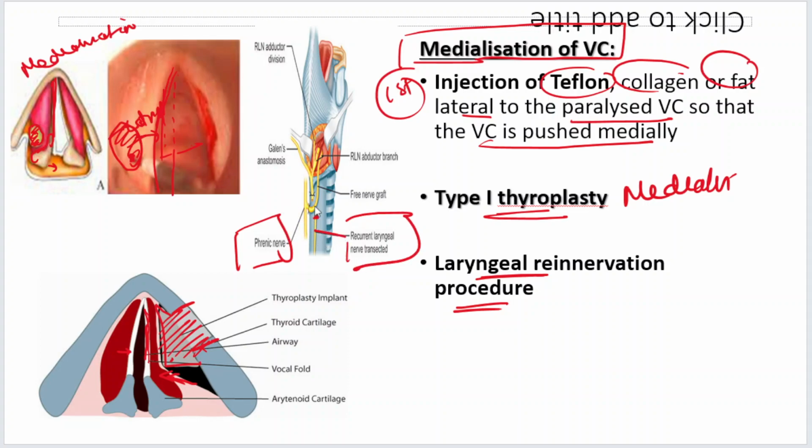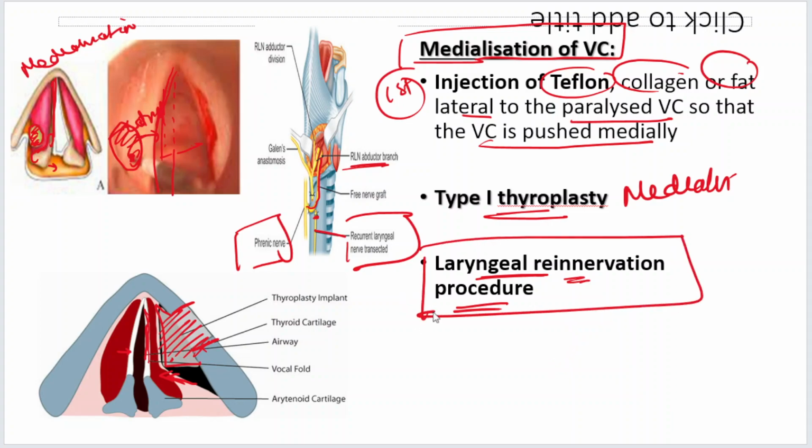You are bringing the phrenic nerve and using it as a free graft between this nerve and here where you want it to work properly, the recurrent laryngeal nerve abductor branch. So you are trying to provide some kind of reinnervation to the recurrent laryngeal nerve that is not functioning. But this is not usually planned.